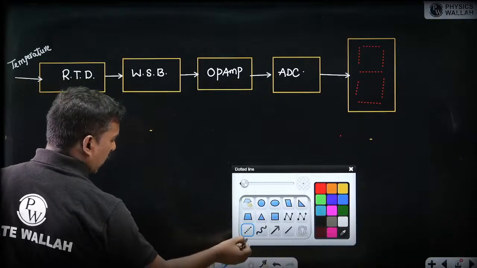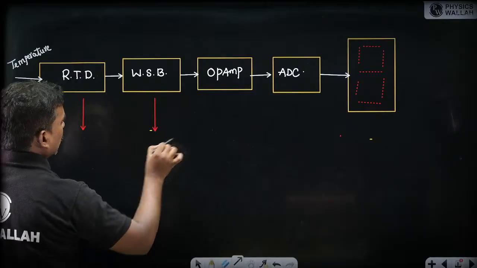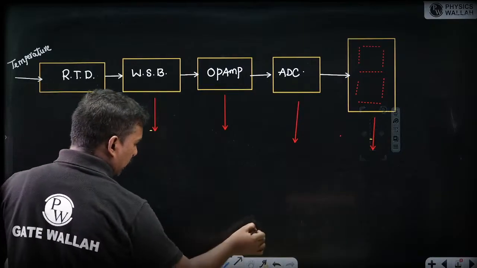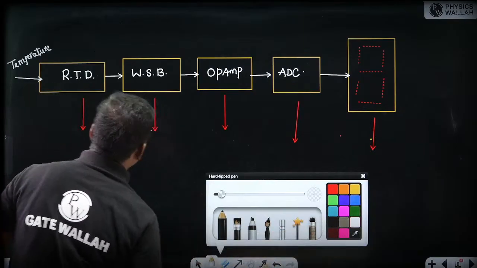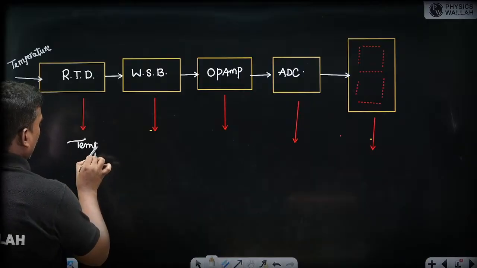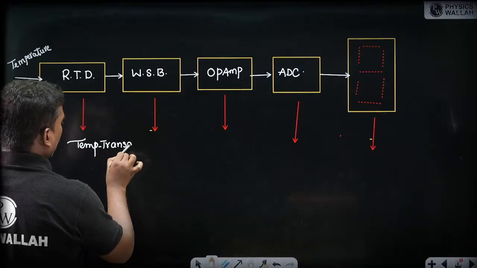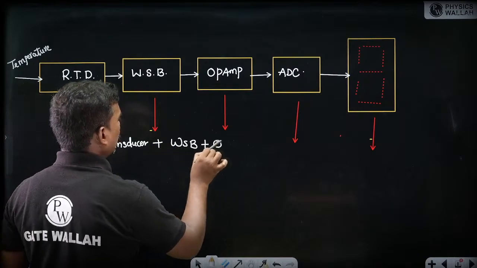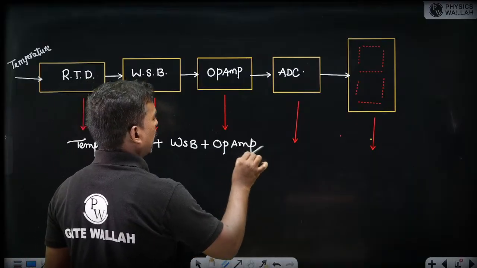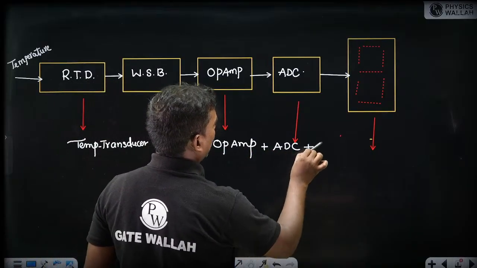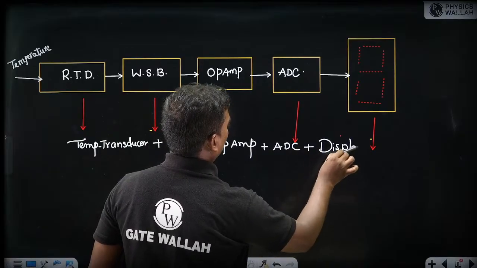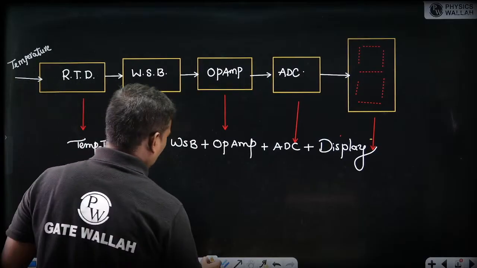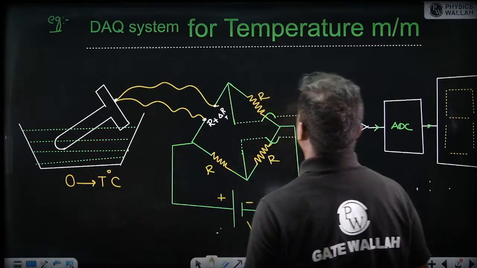So this is what we call the sensor. Have you seen again the same model? This is the transducer, the temperature transducer, the thermal transducer, which gives me some change in resistance, then Wheatstone bridge, operational amplifier plus ADC plus display. So this is a data acquisition system for the temperature measurement.